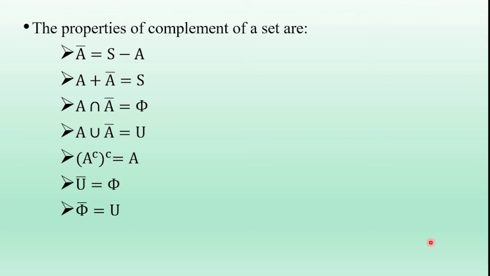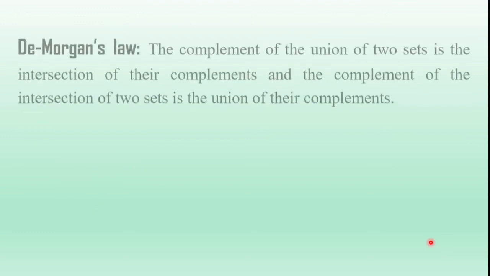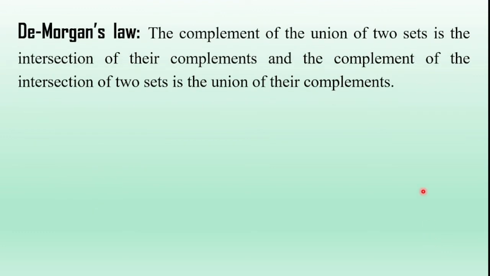And the next operation is De Morgan's law. The complement of the union of two sets is the intersection of their complements, and the complement of the intersection of two sets is the union of their complements.